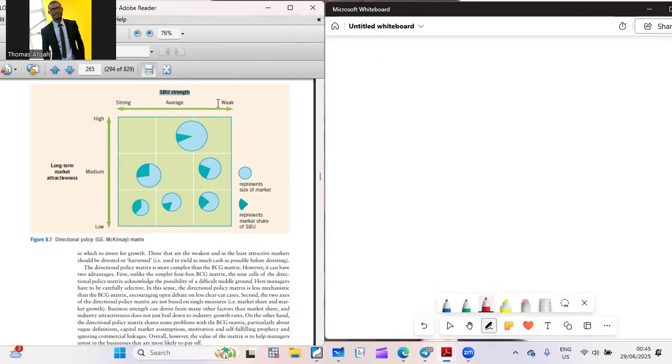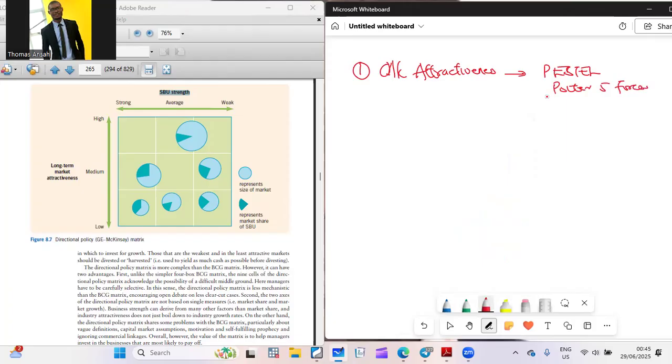Then we have the market attractiveness. In the BCG matrix, that was the relative market growth, the industrial growth. Here, the attractiveness is determined by PESTEL and Porter's 5 Forces. That would tell you whether the market is attractive or not.